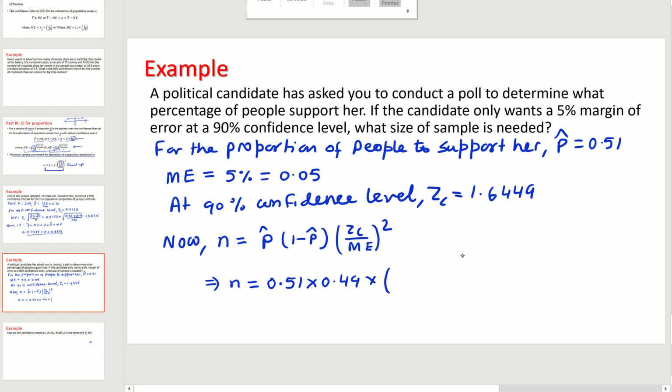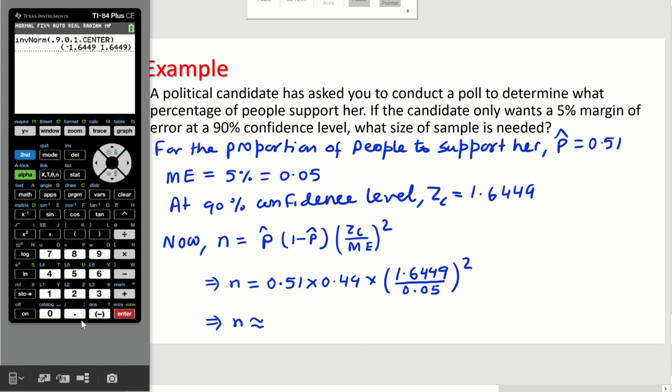Multiplied by z sub c, 1.6449 divided by the margin of error, which is 5% or 0.05. Square all this.